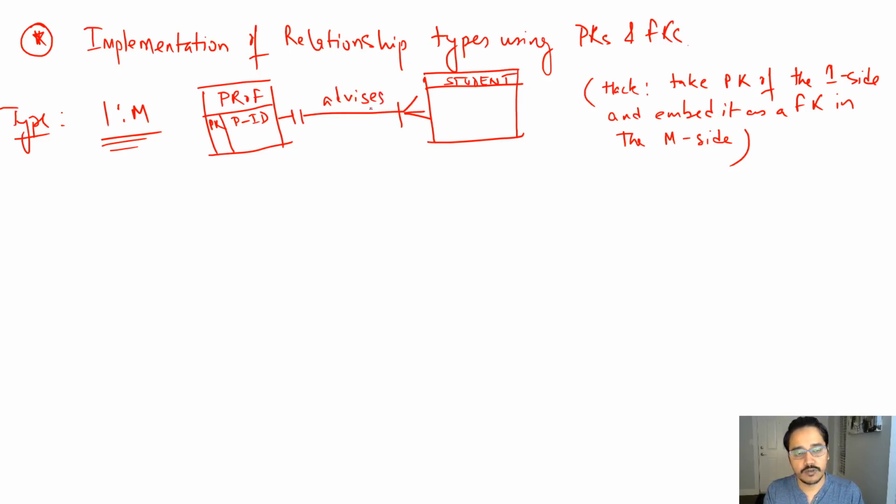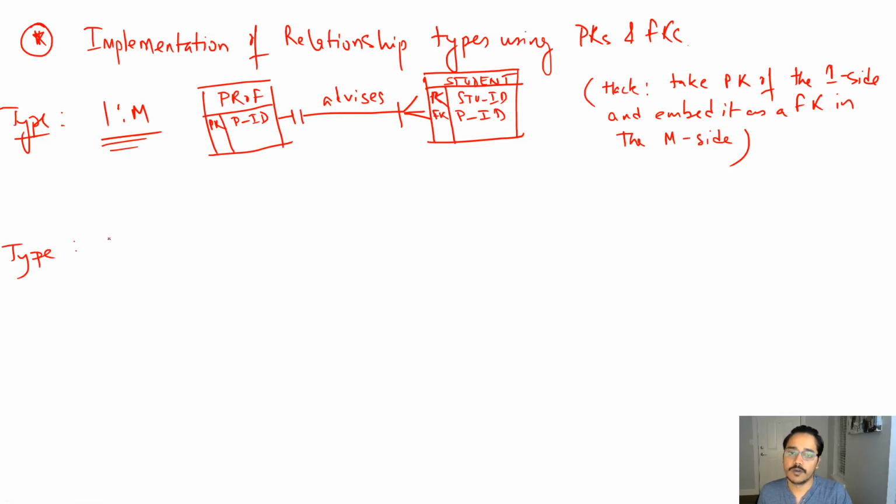Always remember, do not forget the relationship label. And the primary key of student is basically student ID, and the foreign key is professor ID. Okay, so this is how you implement professor and student.